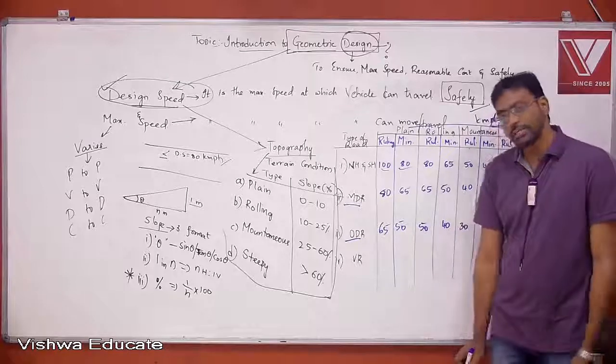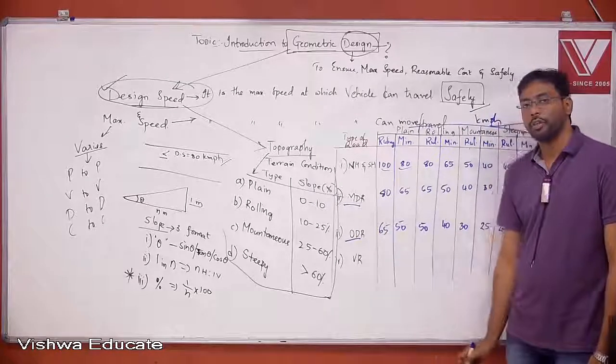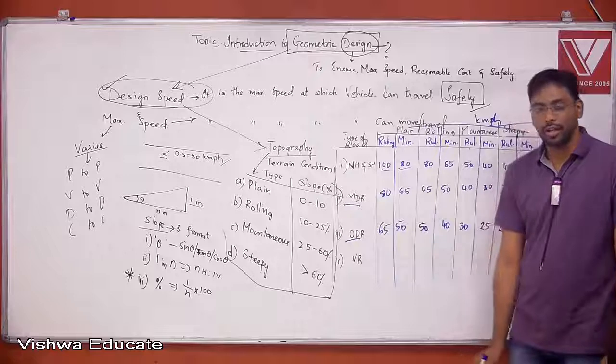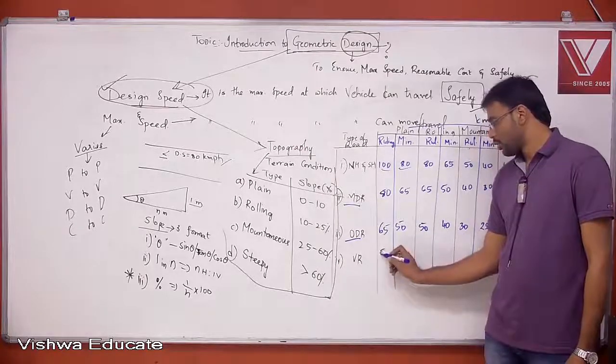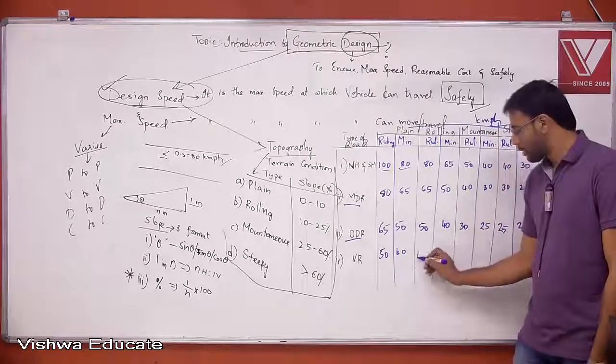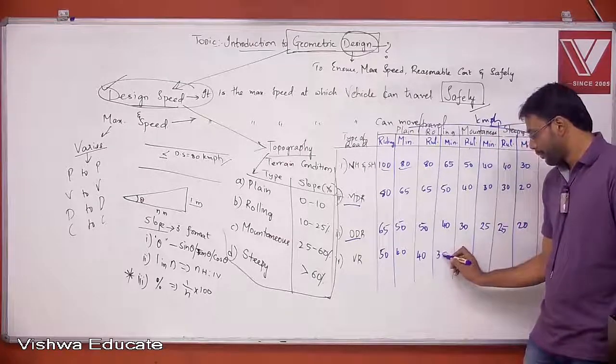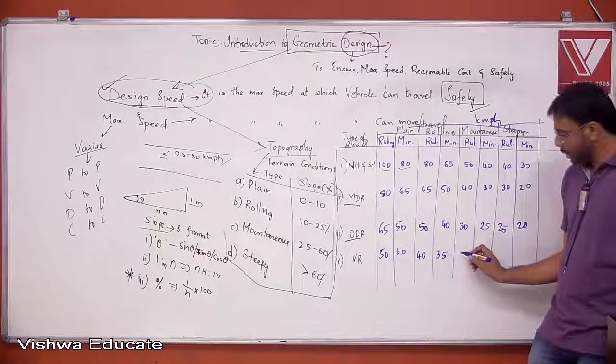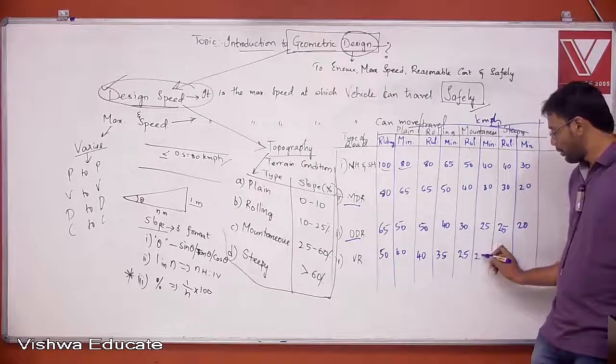So these are the design speeds for other district roads. And lastly, village road, it is a much lower category. So it is 50, 40, 40, 35, 25, 20, and 25, 20.